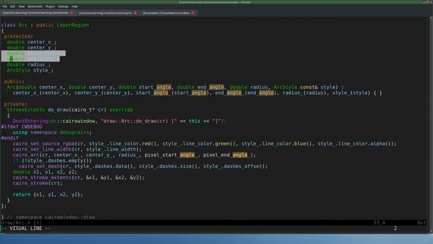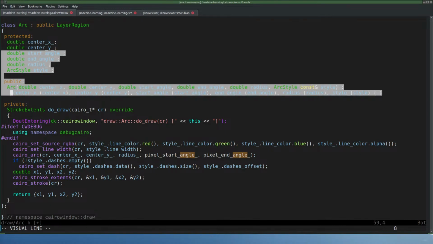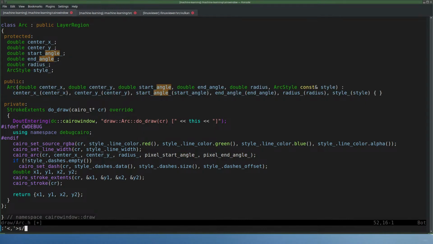Okay, I won't do it by hand. Could even go all fancy and do something like substitute, I don't know, something like... I'm never sure if the parentheses need to be escaped, but okay.